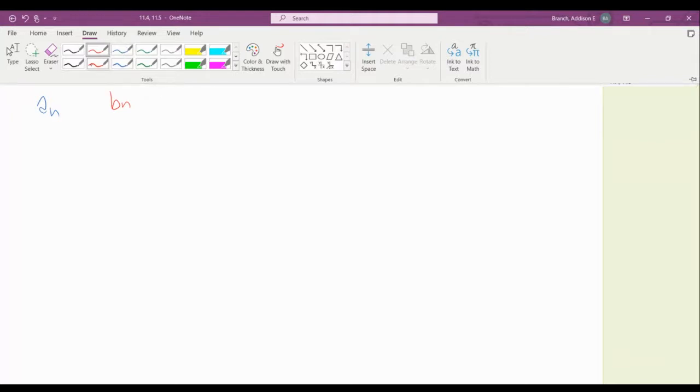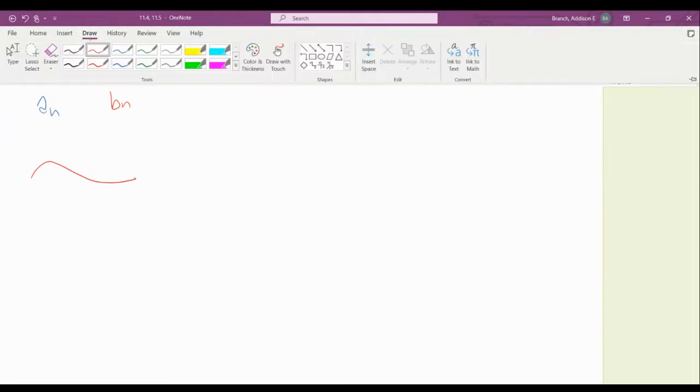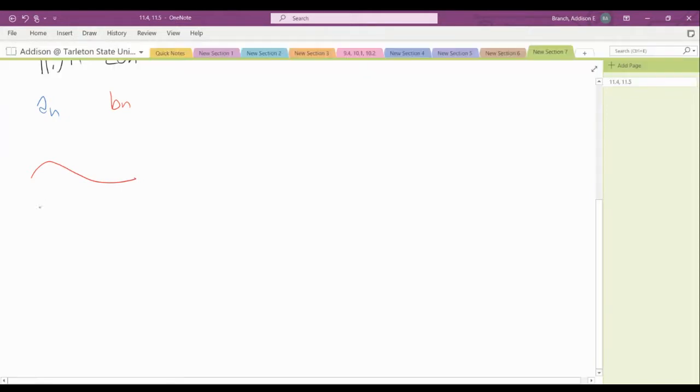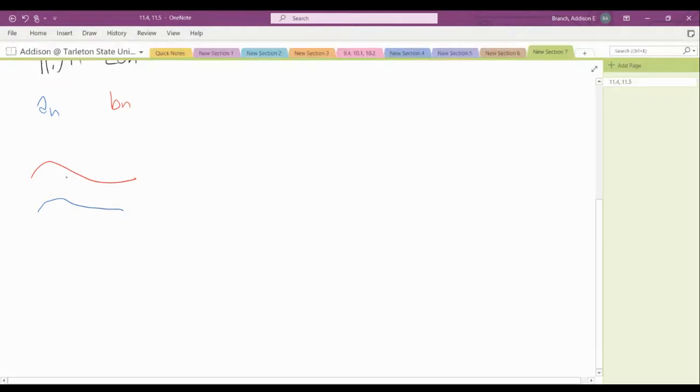So if we have B, and then we have A below it, and we know that B is going to equal some number L, well then A has to be less than B.